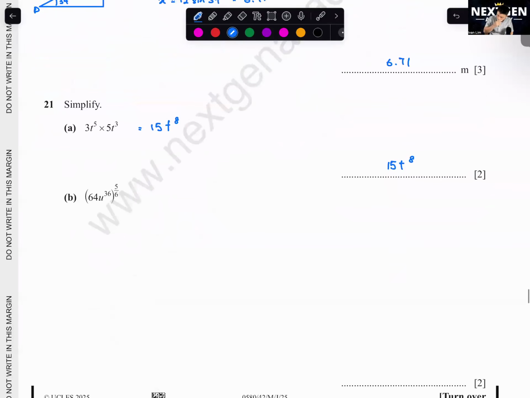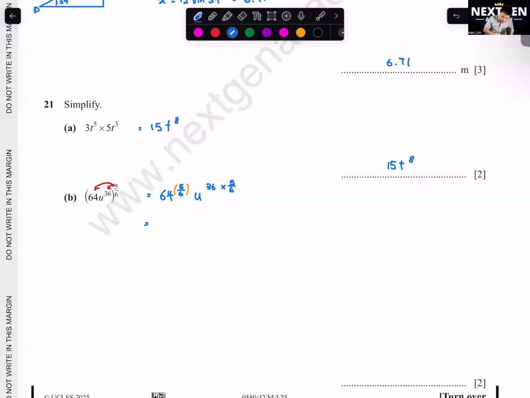This one you have to be careful when we type this into the calculator. These two you need to power. So it'll be 64 to the power of 5 over 6, u to the power of 36 times 5 over 6. For those of you who are using the older calculator, you have to ensure that you bracket the whole thing. 64 bracket power 5 over 6.